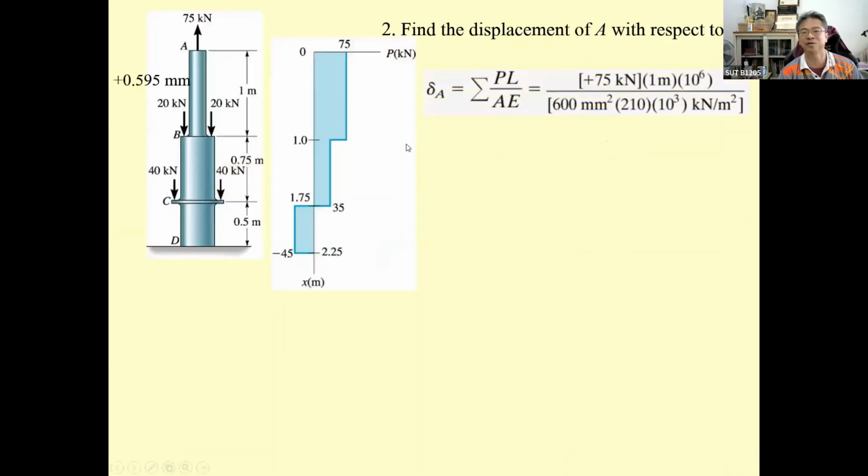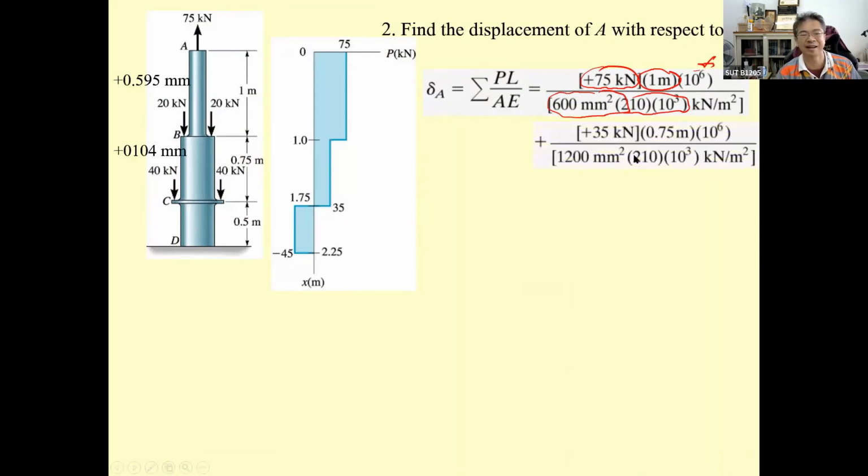By doing this, for the first one, delta sub AB is going to be PL over AE, and you have the conversion factor of 10 to the power 6. The second one is the same, and this is 0.596 in tension.